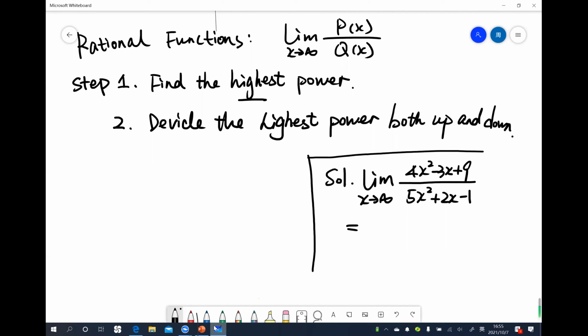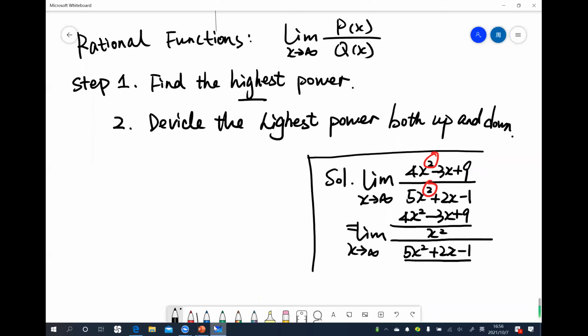Here we found the highest power, that is 2, so we divide by x squared. The next step: (4x squared minus 3x plus 9) by x squared, together with (5x squared plus 2x minus 1) by x squared.